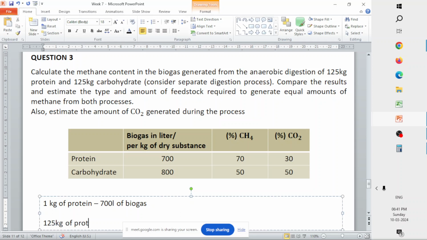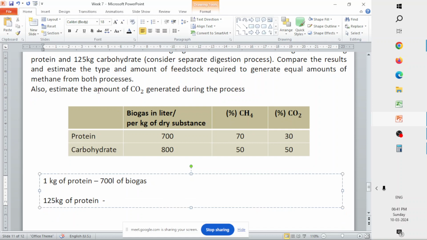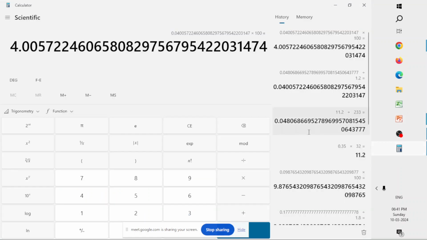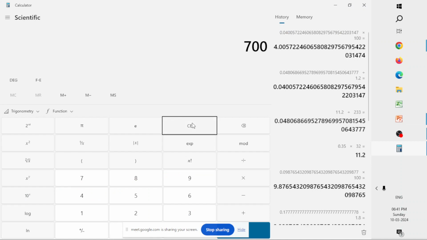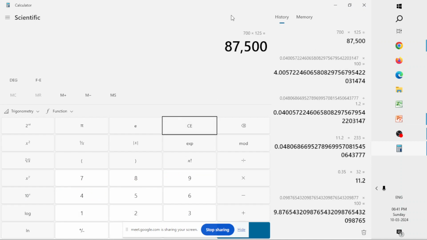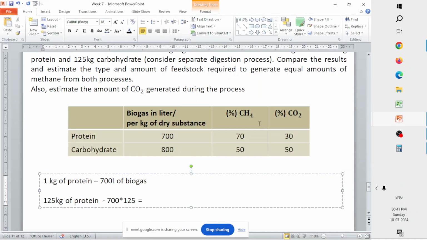So I just need to calculate what will be the biogas that gets generated during the process. For 1 kg, if I am getting 700 liters, for 125 kg I will be getting 700 times 125 liters. So that will be exactly 87,500 liters of biogas generated.